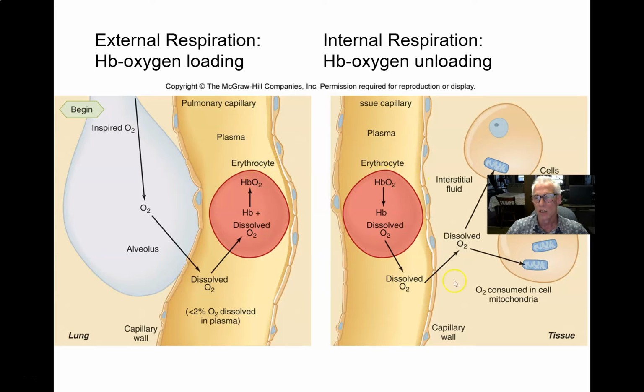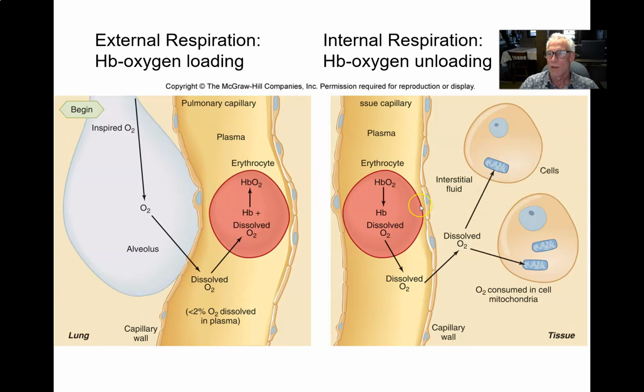And now the partial pressure around here is lower, and some oxygen starts to leave the hemoglobin and diffuse over into the interstitial fluid and into the cells for use in their mitochondria. And as the oxygen starts to come off, the affinity starts to decrease, and about 25% of the oxygen comes off those red blood cells before they go back into a vein and back to the heart.